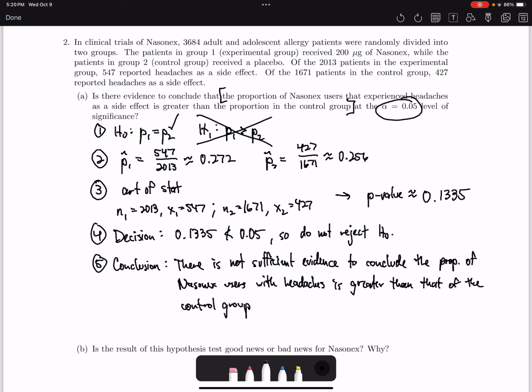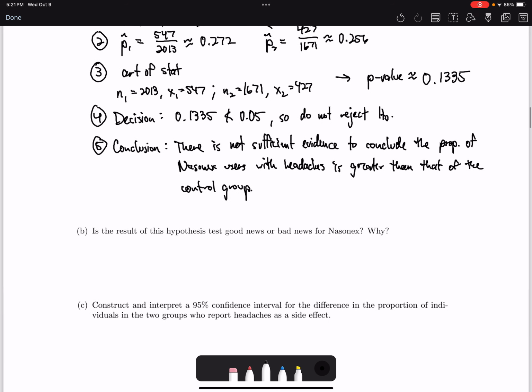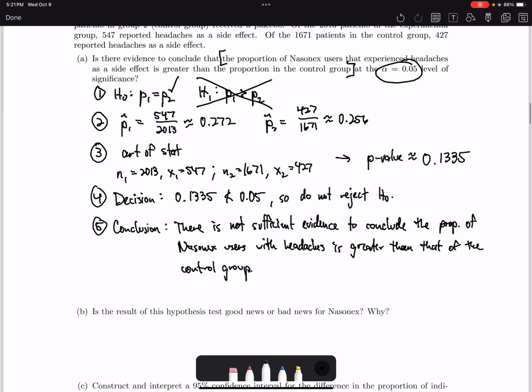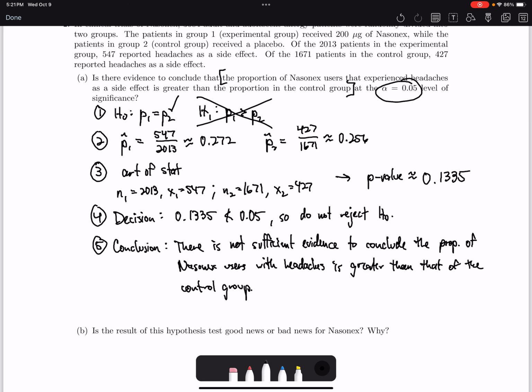Okay, follow-up question. Part B, is the result of this hypothesis test good news or bad news for Nasonex? Well, that's a good question, right? What we were testing is whether the proportion of Nasonex users who experienced headaches as a side effect was greater than the proportion in the control group.